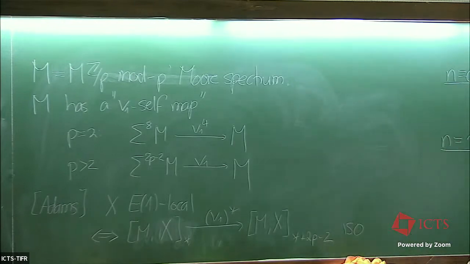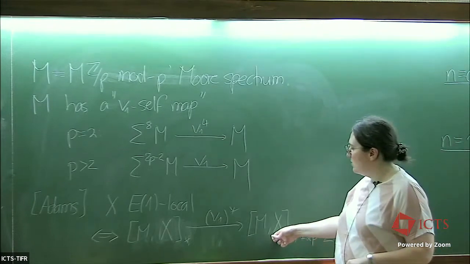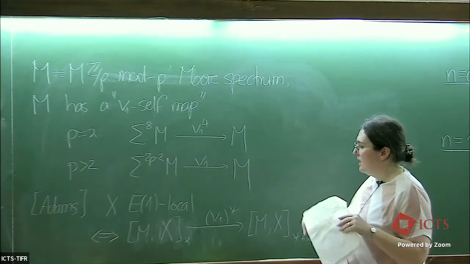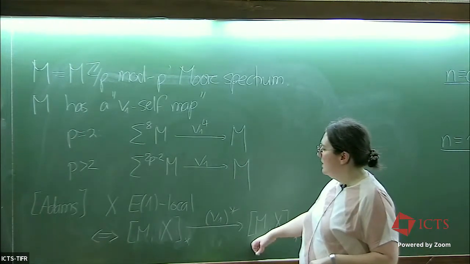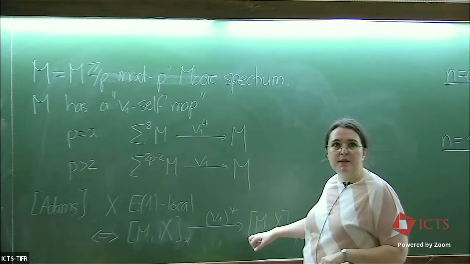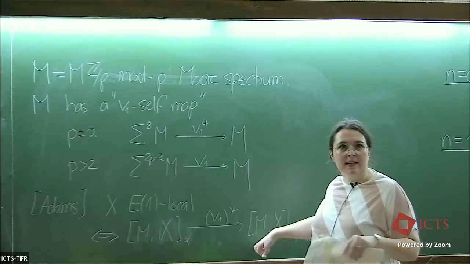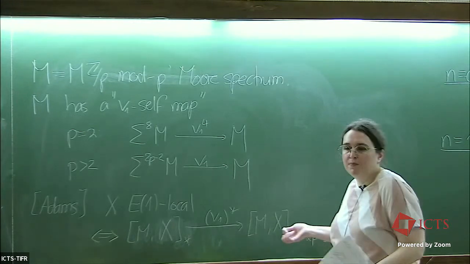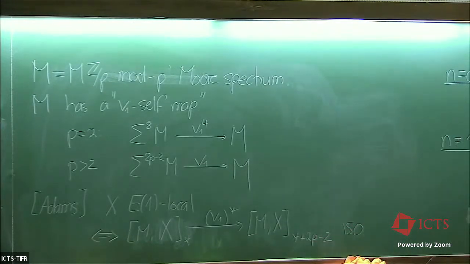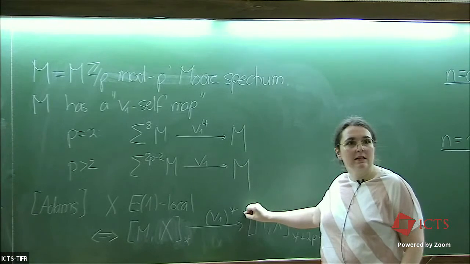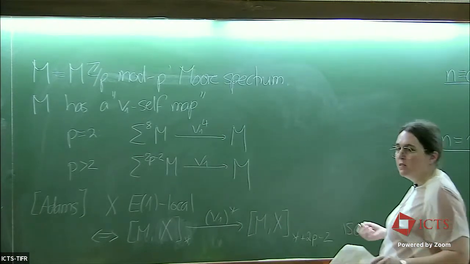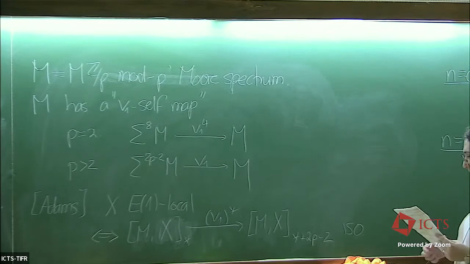So by the definition of being local, X would be E1-local if and only if for any E1-star isomorphism that I plug into the first argument, I get an isomorphism. That would just be the definition. But the theorem by Adams says it is in fact enough to check this on just one map only. Just this one map tells me if something is K-local or it isn't.